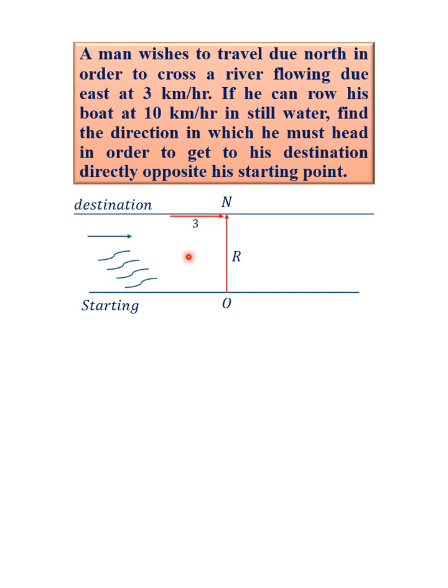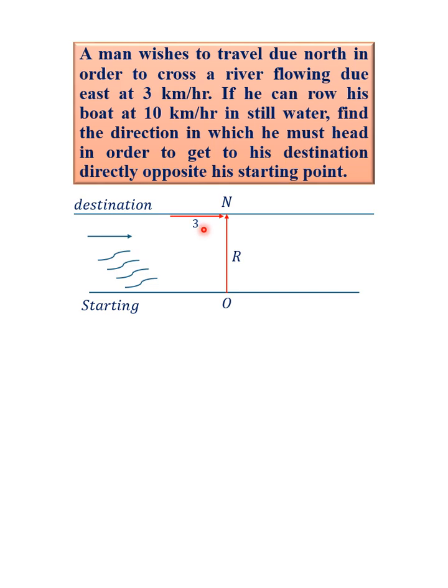Now let's look at what will happen if the man decides to go from point O and head directly to the north. There is the tendency that the man will be going in this direction. Why? Because the current of the river flowing to the right will tend to push the man in this direction, but he wants to go straight to point N. If he goes this way, he will end up going this way because of the current from the river.